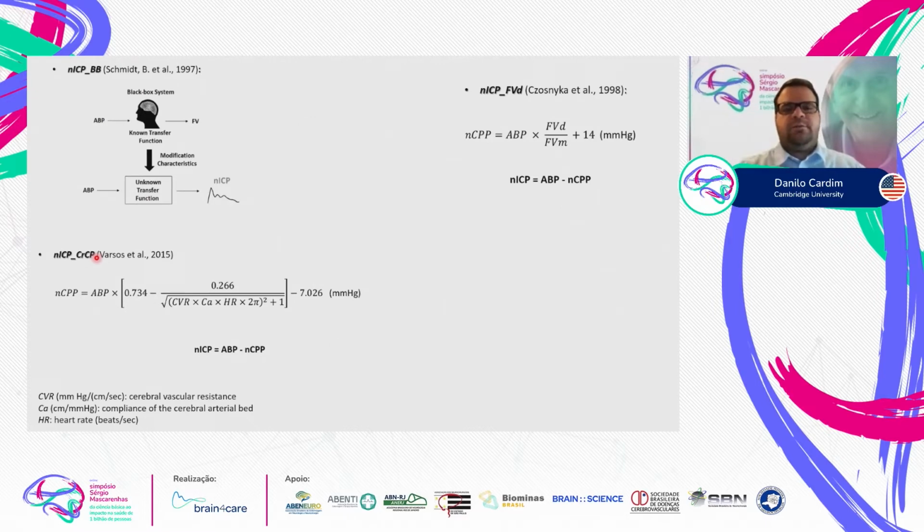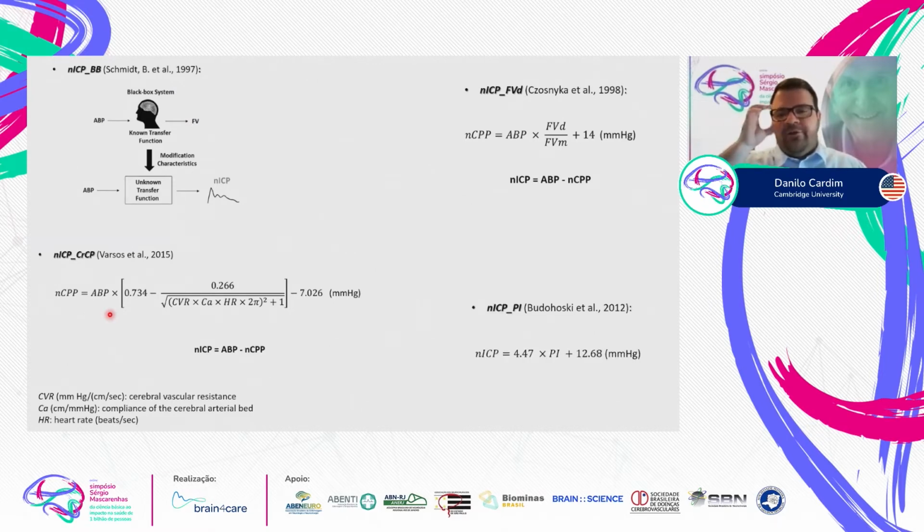Below this threshold, the brain vasculature would collapse and no flow would circulate in the brain, so there would be a cerebral blood flow cessation. We can also use this method to extract the non-invasive cerebral perfusion pressure, which is modeled based on traumatic brain injury patients that had arterial blood pressure, cerebral blood flow velocity with TCD, and intracranial pressure collected.